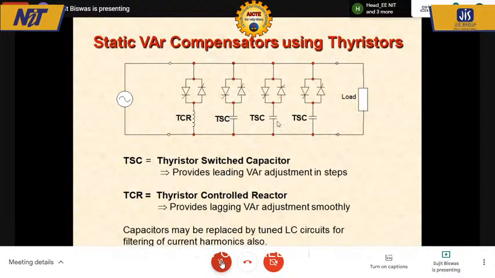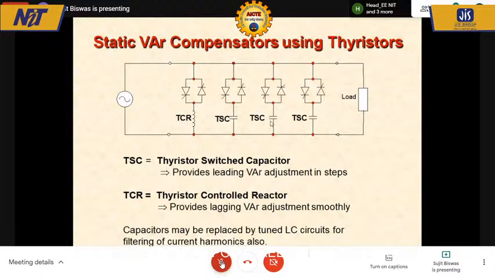But I cannot compensate for a need of 0.5 microfarad on the line or 1.5 microfarad on the line because I don't have such a capacitor here. To do that, we have something called a TCR, which is a thyristor controlled reactor. Its objective is to create a variable reactance, such that if I need, let us say, 1.5 microfarad compensation, I will switch on 2 microfarad here, and using the TCR, I will subtract that 0.5 microfarad equivalent of VAR.